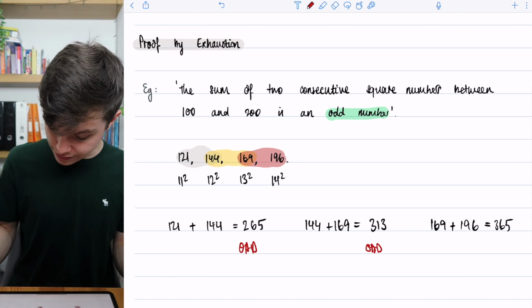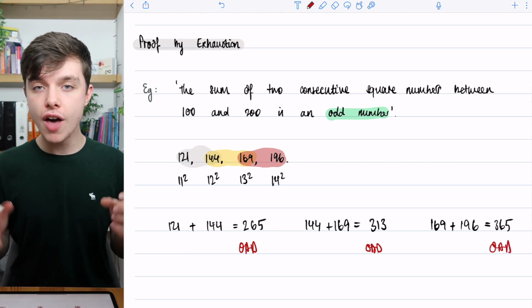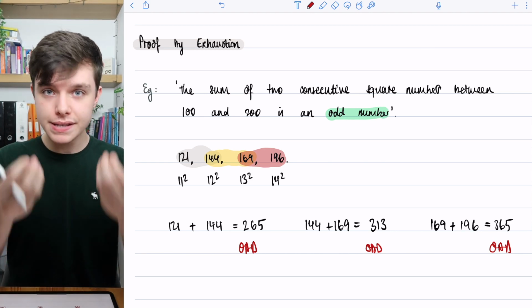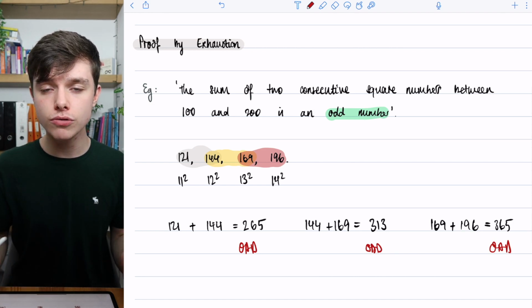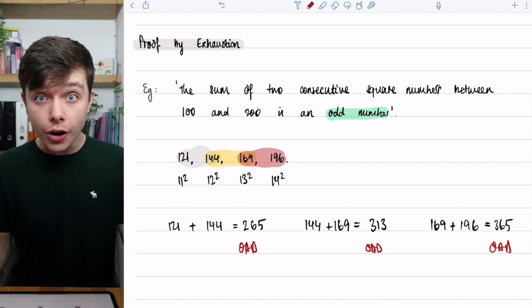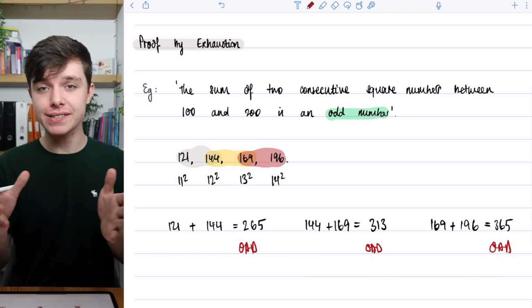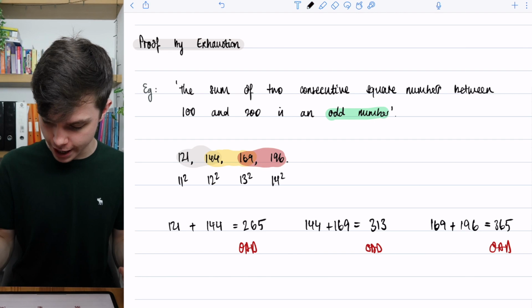I can clearly see again that it finishes with a 5, so that is odd. Those are the 3 possibilities of adding 2 consecutive square numbers together between 100 and 200. Every single possibility we had of the sum is odd, and so that is clearly a proof. We have done every single situation there and proved they're all odd numbers. Okay?